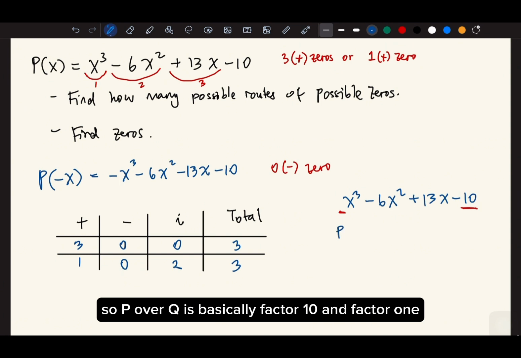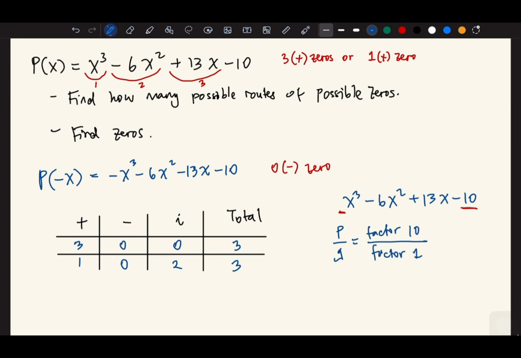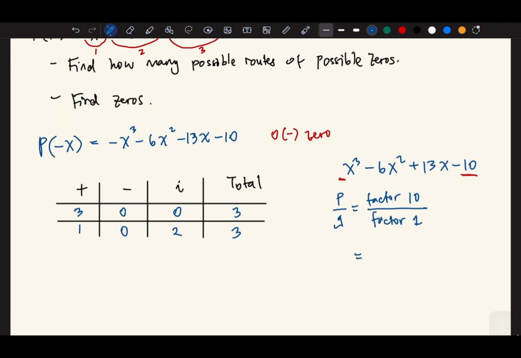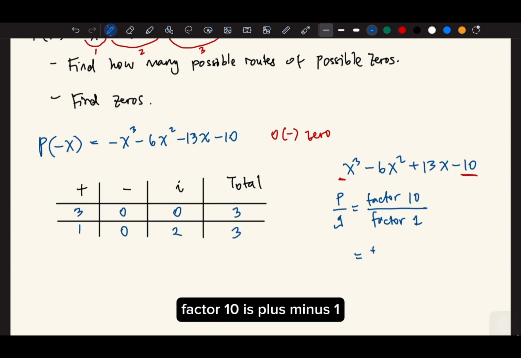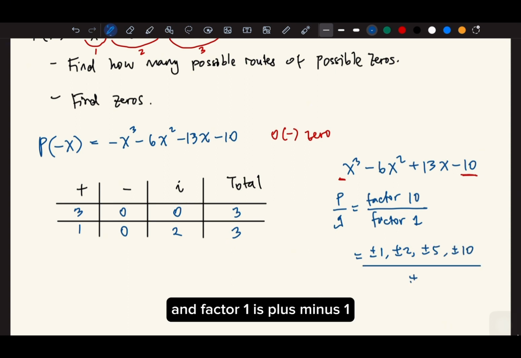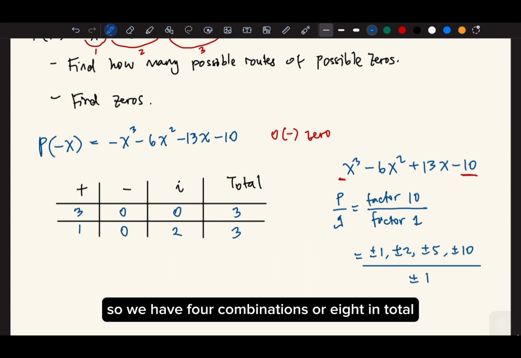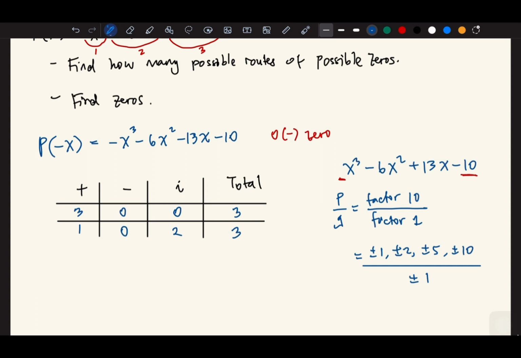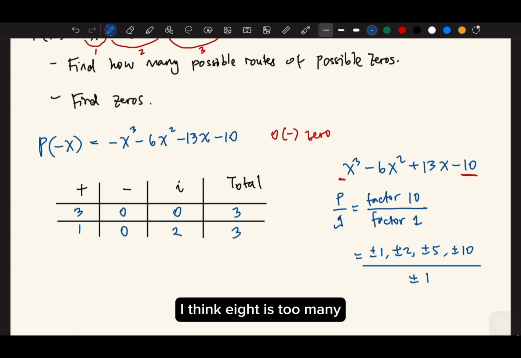So P over Q is basically factors of 10 and factors of 1. Factors of 10 are plus minus 1, 2, 5, and 10, and factors of 1 are just plus minus 1. So we have 4 combinations, or 8 in total. I think 8 is too many.